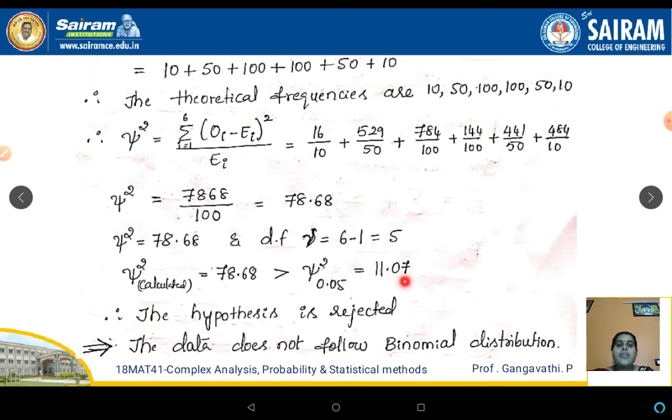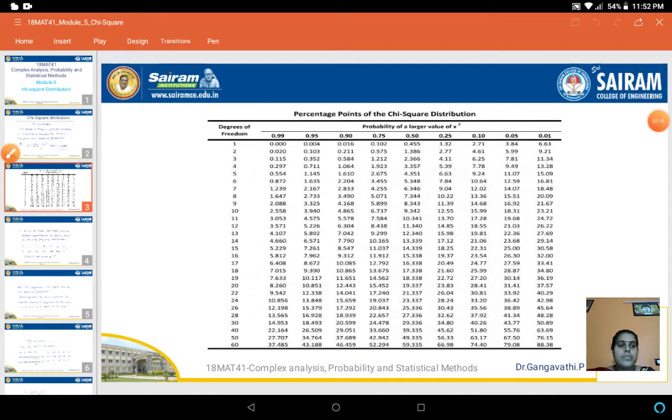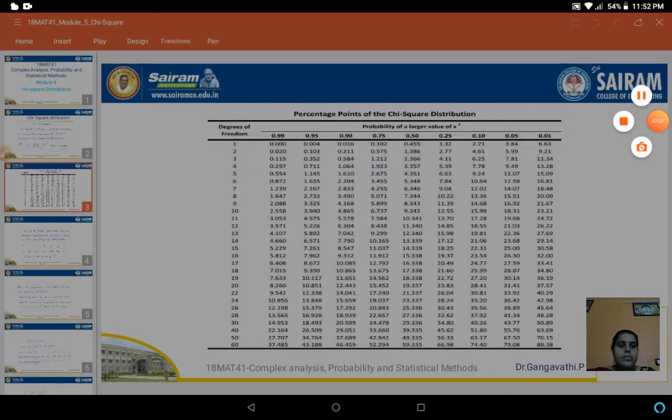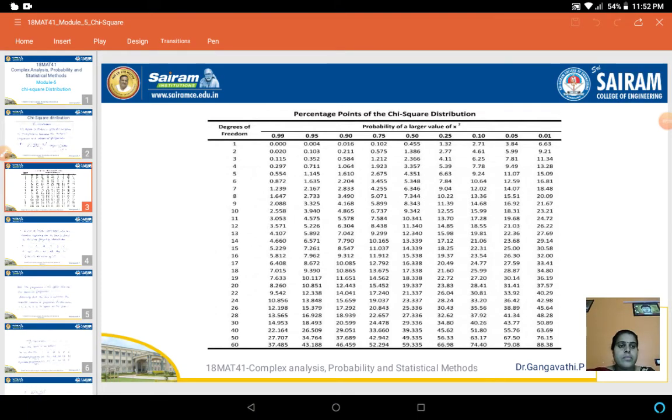As I said, I'll show you how to use the table. The degree of freedom was 5 there.